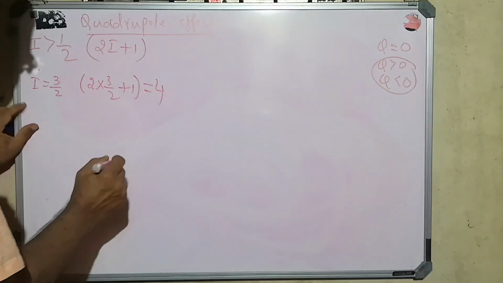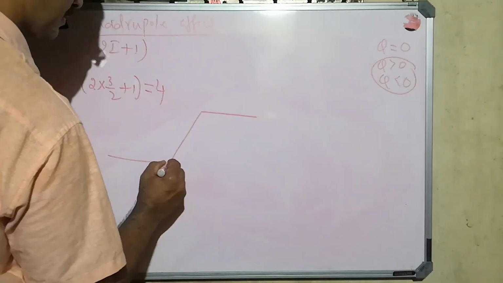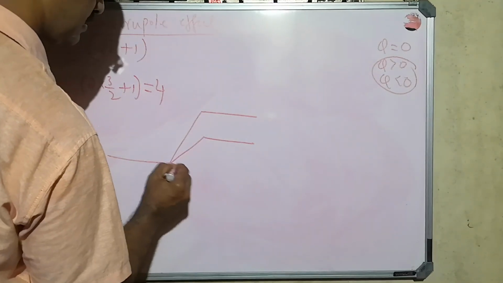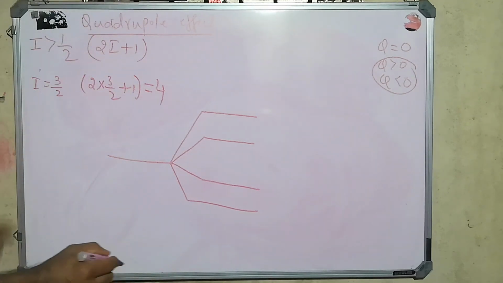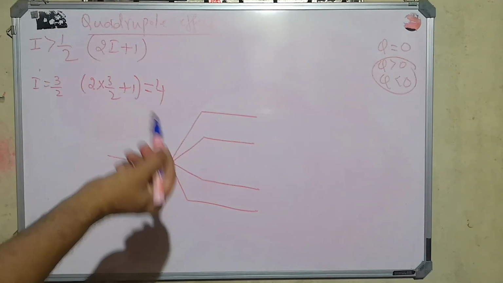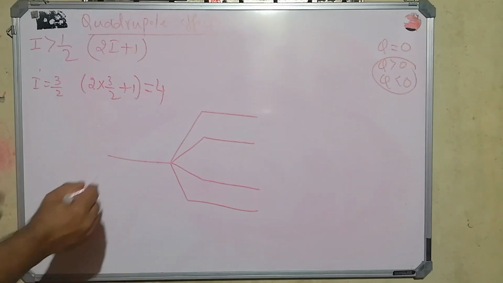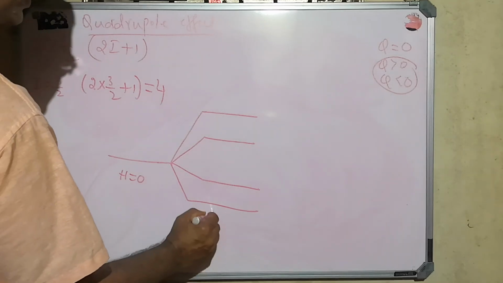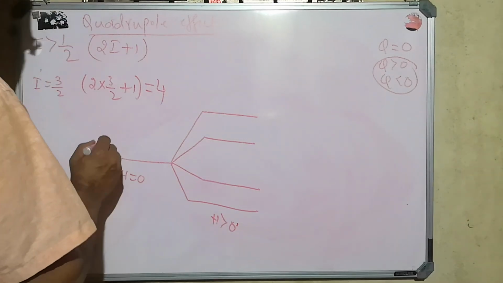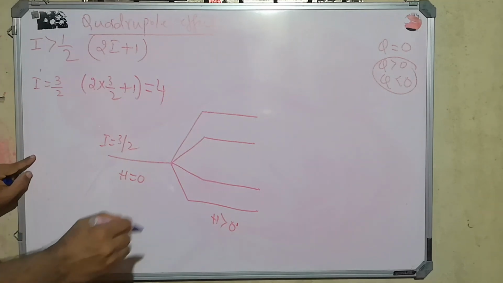So this is the case for all energy levels. When electromagnetic radiations are made to be incident on the sample, this is when H is equal to 0, and this is H greater than 0 for I is equal to 3 by 2. Then what happens?